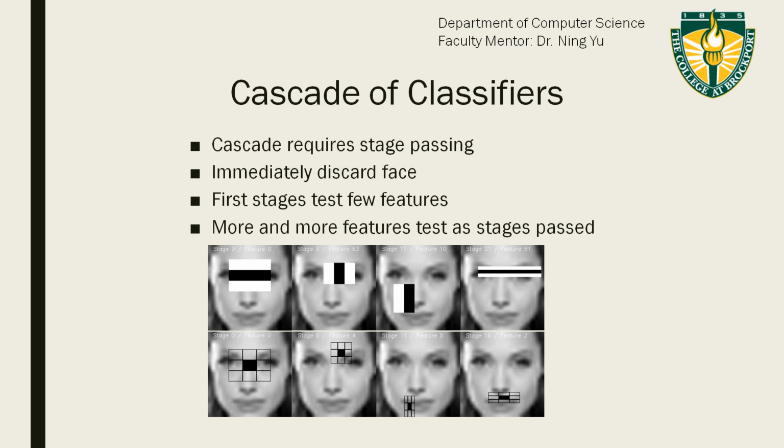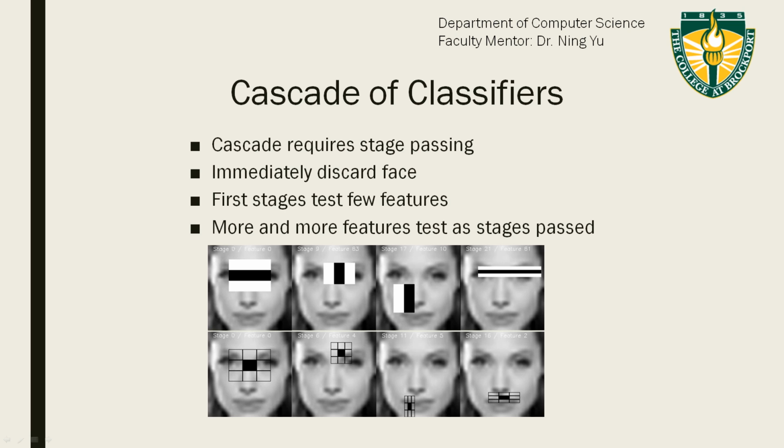What the cascade part means is that it's going to require stage passing. This picture down below shows that as you pass stages, you get more and more specific areas of the face to do computation.